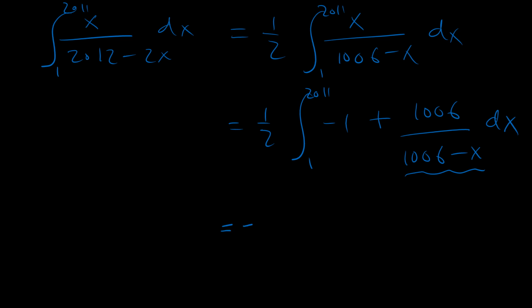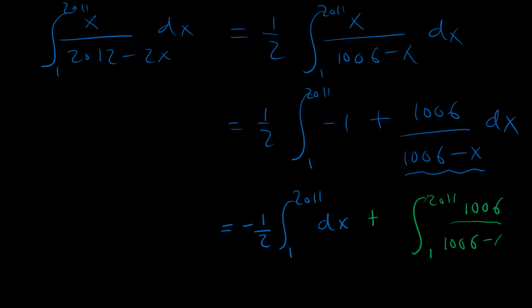So we're going to have the integral from 1 to 2011 of 1, and then let's call the next integral the green integral, which is 1006 over 1006 minus x, right?